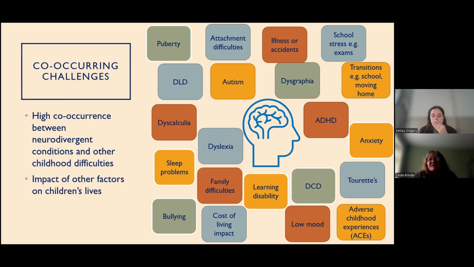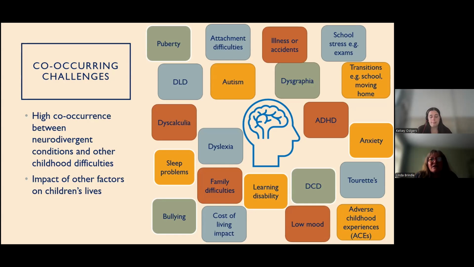It's also important to consider that having a neurodivergent brain might not be the only factor affecting a child's health, emotions, learning, behaviour and friendships. You can see we've got a whole host of different things on the screen in front of you. A child and their family may be affected by a cost of living crisis, as many people are, by family separation, or perhaps stressful life events like domestic violence experienced in the home.